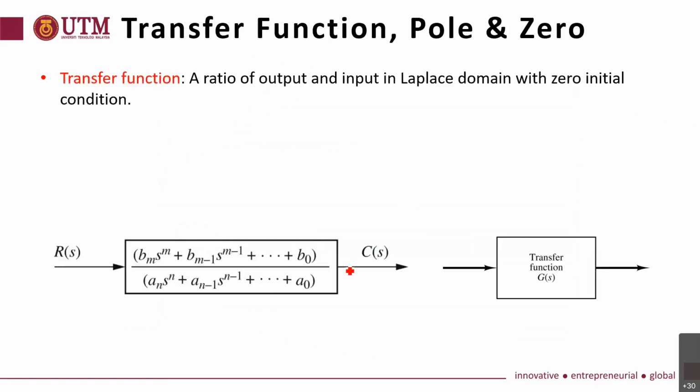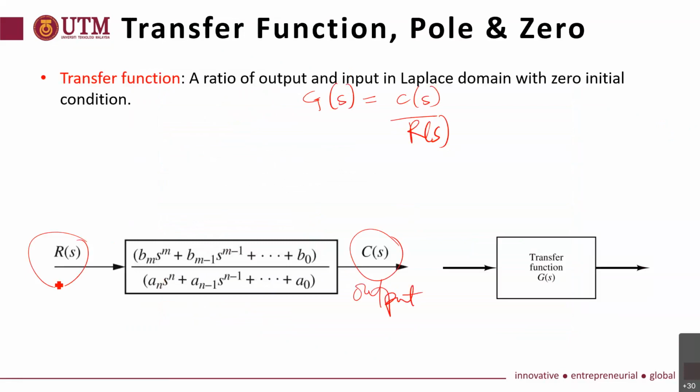First is transfer function. Transfer function, we normally write G(s). The transfer function is a ratio of output over input, C over R. C is output, R is input. So transfer function is C over R in Laplace domain.